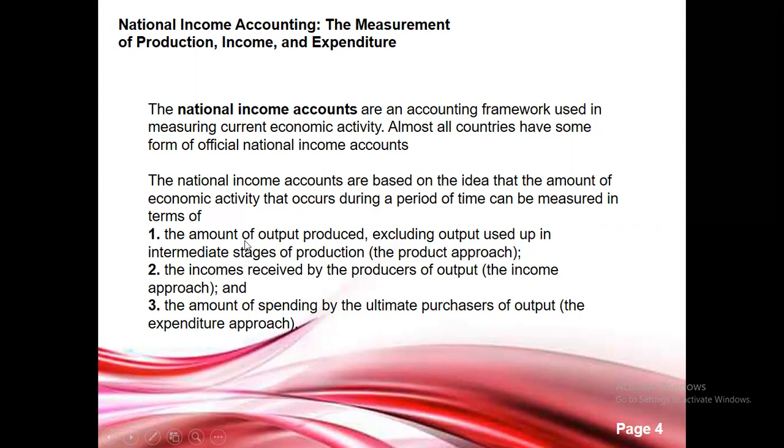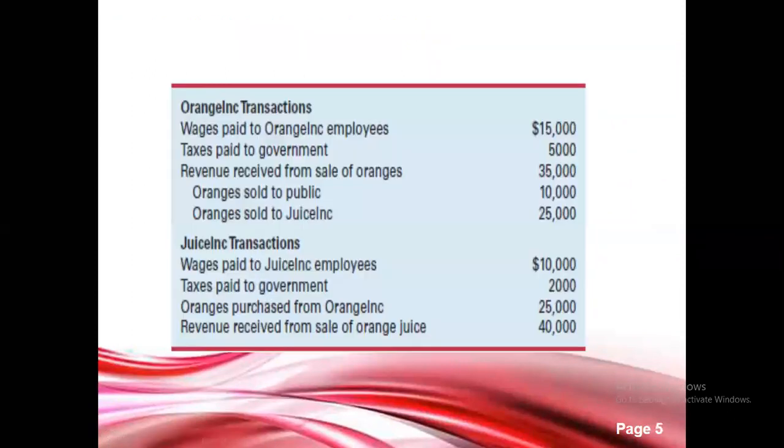In the product approach, you will calculate the amount of output produced, excluding output used in intermediate stages of production. In the income approach, you will calculate the income received by the producers, and in the expenditure approach, you will calculate the spending by the ultimate purchaser. I'm going to explain these three approaches.